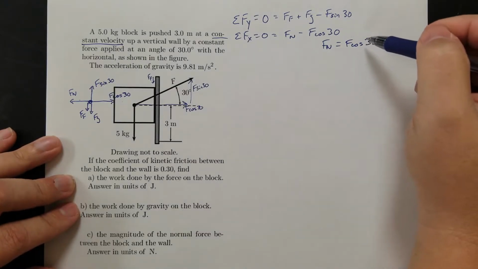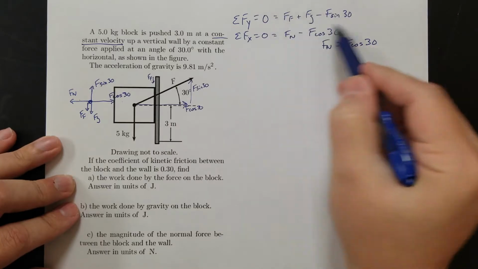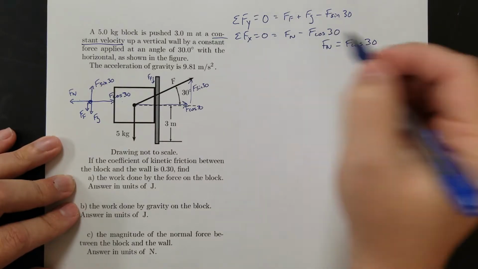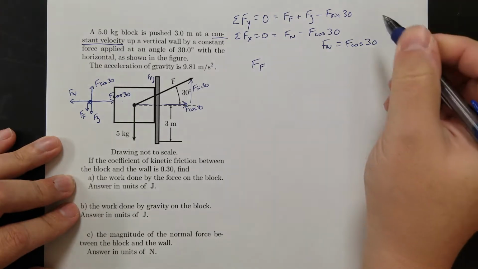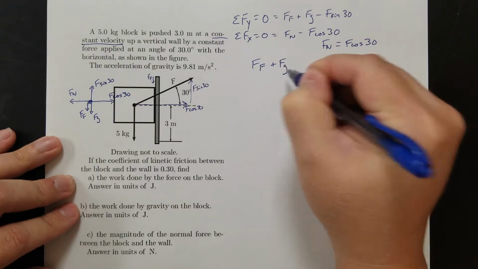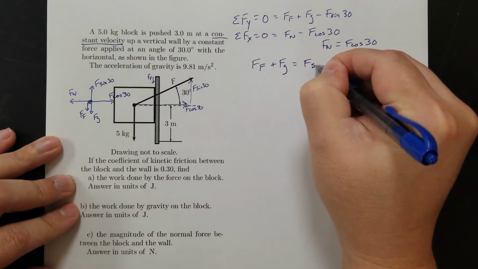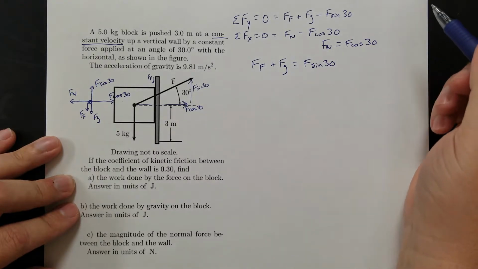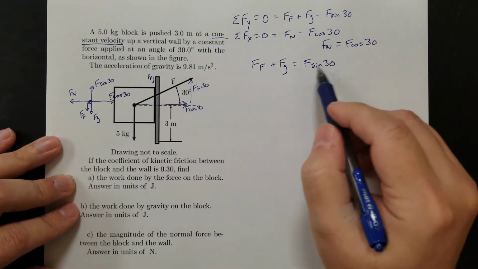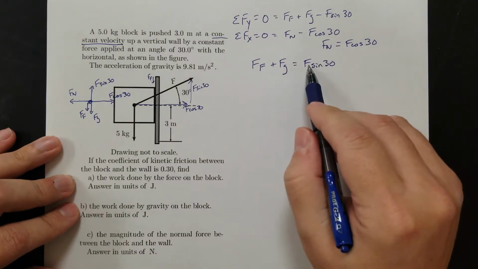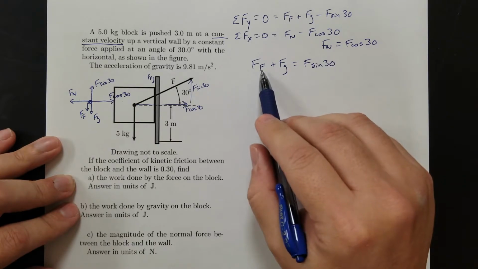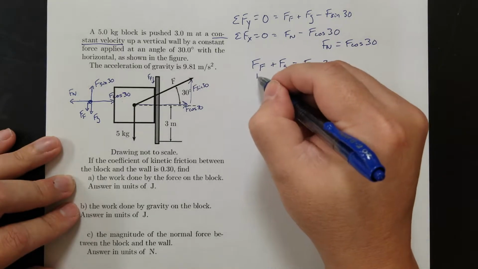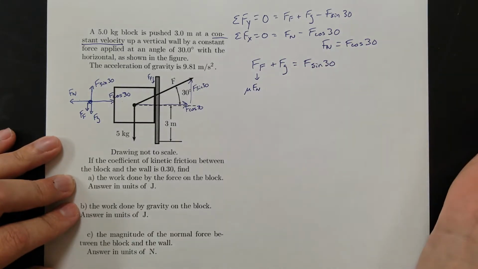Okay, so there's one. Now let's look at this equation. This equation says that Ff plus Fg equals F sine 30. So if I want to get F, I can get frictional force, which is coefficient times normal force.